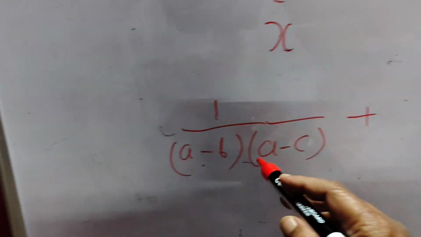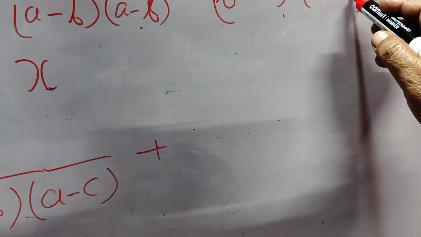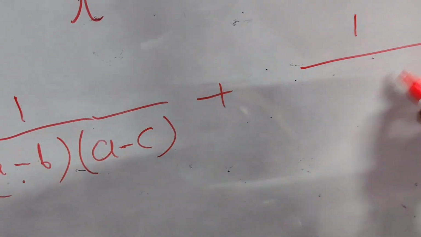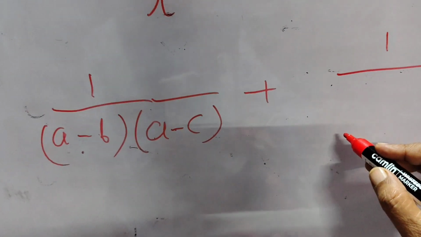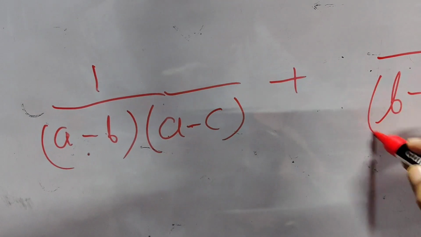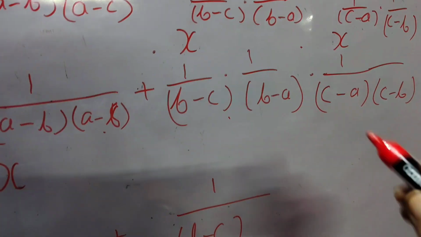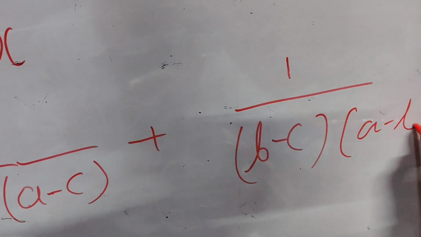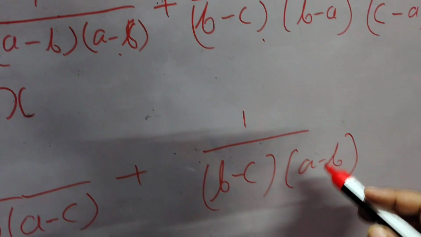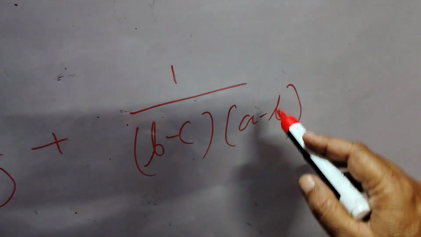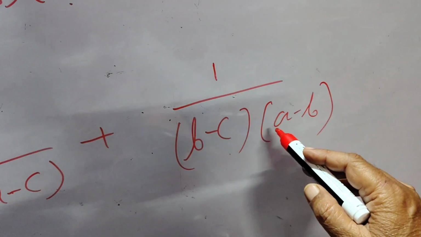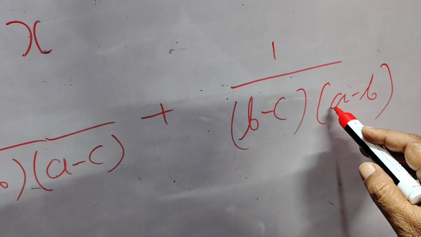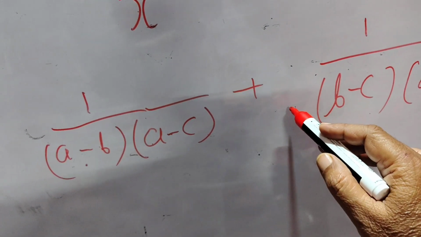Since I have a minus b, I will make it also a minus b. So I have to change the order. So 1 by b minus c, no problem, and this is b minus a, I am making it a minus b. I am changing the sign. A is minus, now here it is plus, and b is plus, here I am writing minus. So I have changed the sign. To change the sign, the way is that I write a minus sign outside.